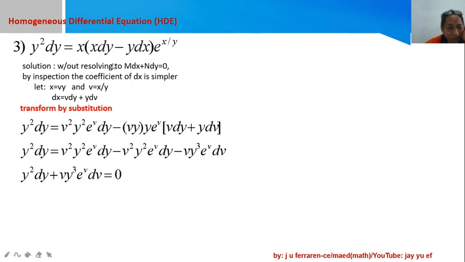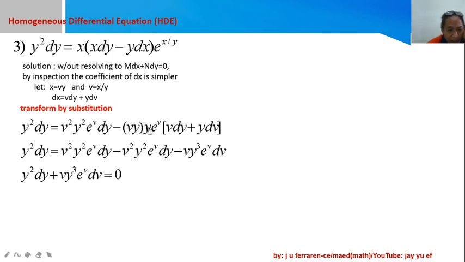This one is xy, exponential x over y. So x becomes vy, y remains the same, exponential v. The dx is v dy plus y dv. Perform the operation completely. I have y squared dy minus v squared y squared exponential v dy. How about this one?